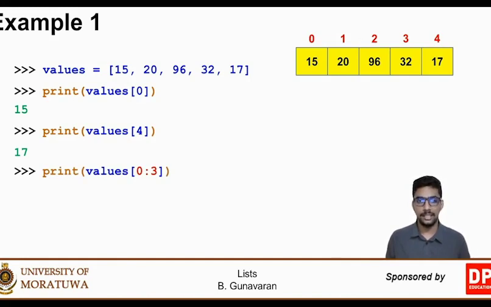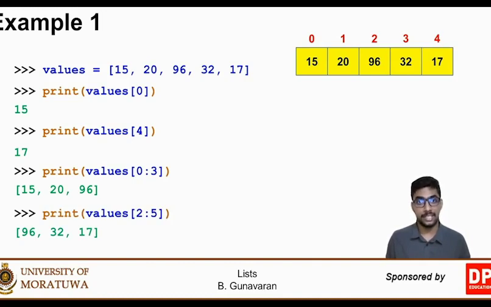You can see that this print statement is different from the previous ones. Instead of having a single index, it has a range of indices. You might think that it will output values from 15 to 32, as 15 is at index 0 and 32 is at index 3. However, it will only output values from 15 to 96. 15 is at index 0 and 96 is at index 2.